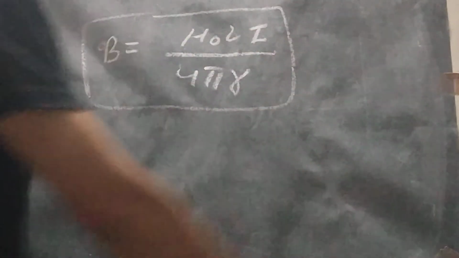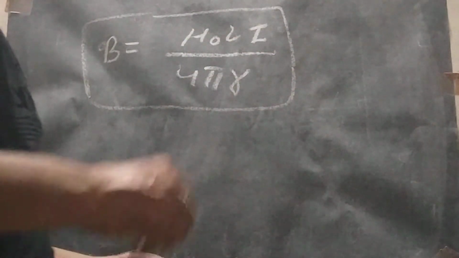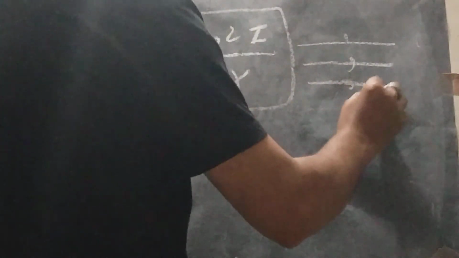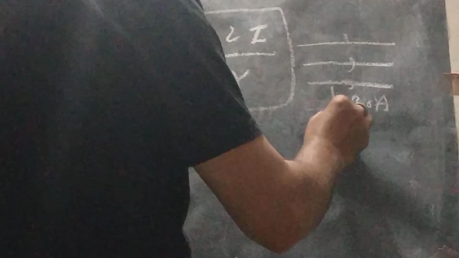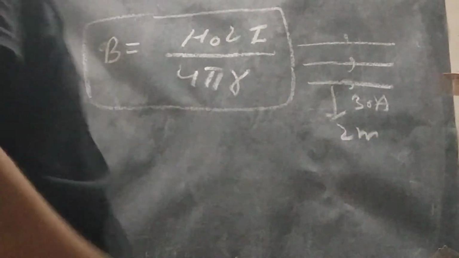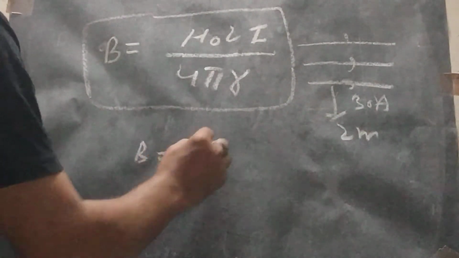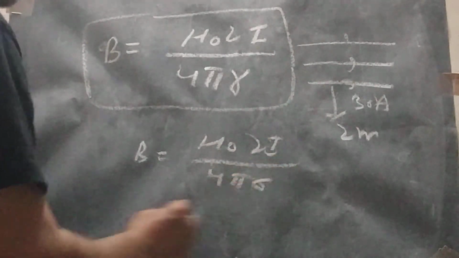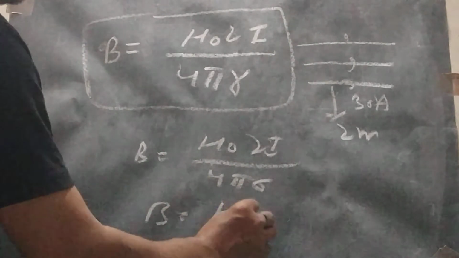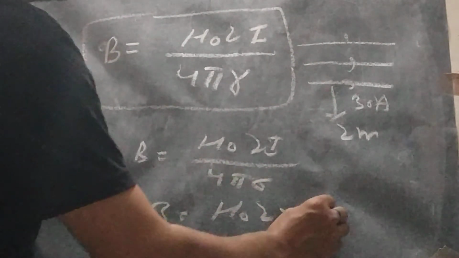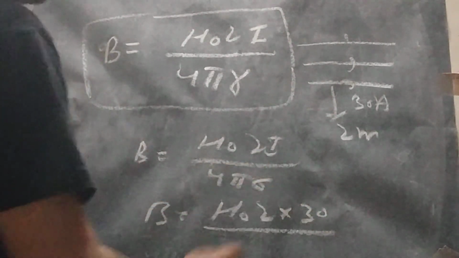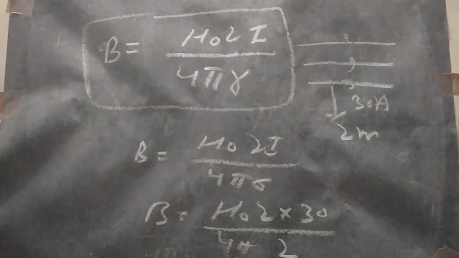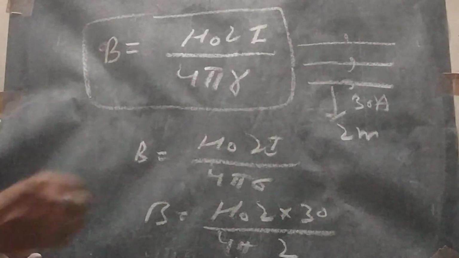Suppose in an overhead power line about 30 ampere current is flowing, then the magnetic field 2 meter below: we have B equals mu naught 2I by 4 pi r, and hence B equals mu naught 2 into 30 ampere upon 4 pi into distance 2 meter. Mu naught by 4 pi here is 10 raised to power minus 7.